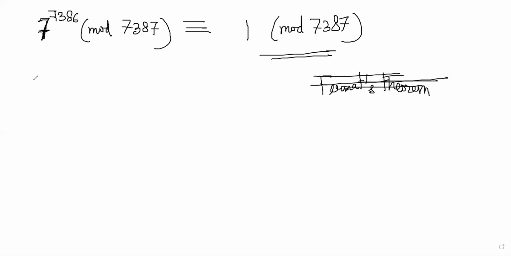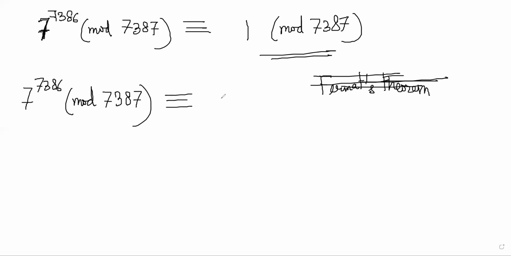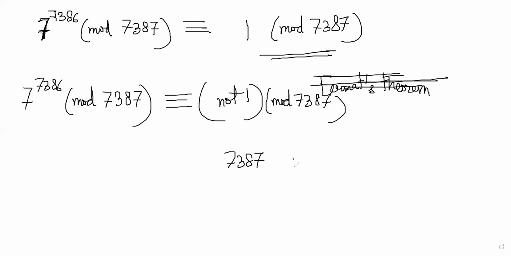But what can be correct is that if this thing comes out to be anything not 1, then we know that 7387 is not prime. Because if it was prime, it had to come out to be 1.